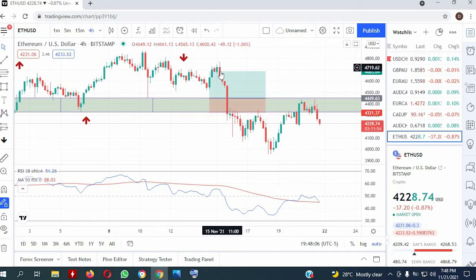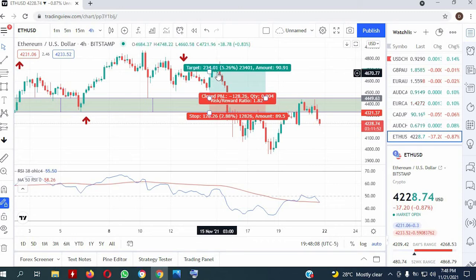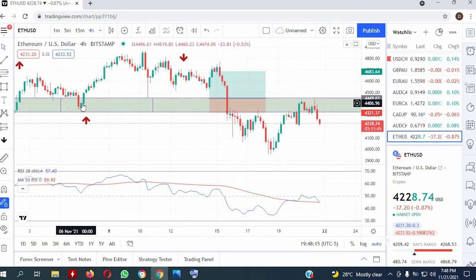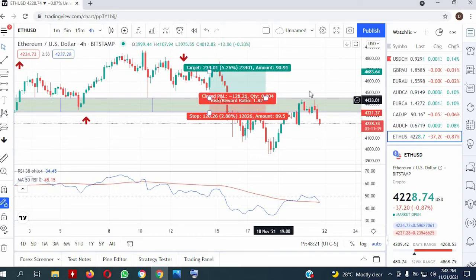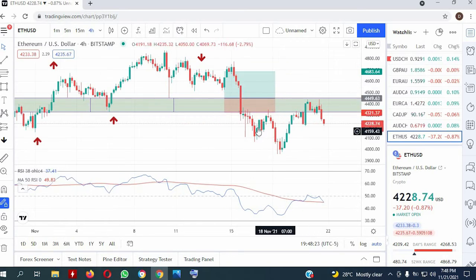lower highs and lower lows, right? So the Ethereum failed to support itself at this lower high. So the Ethereum is starting to make lower highs and lower lows.